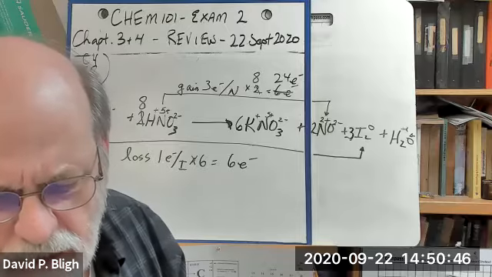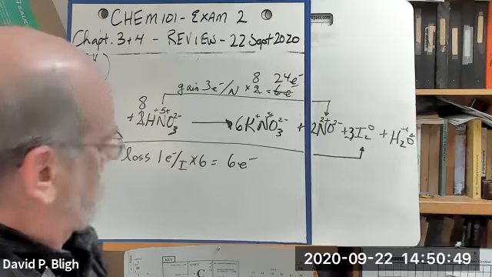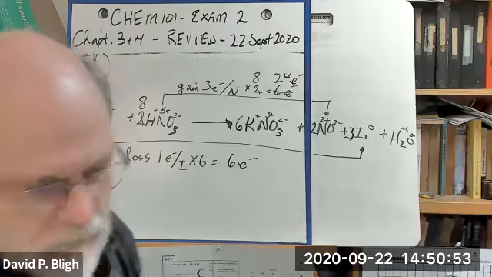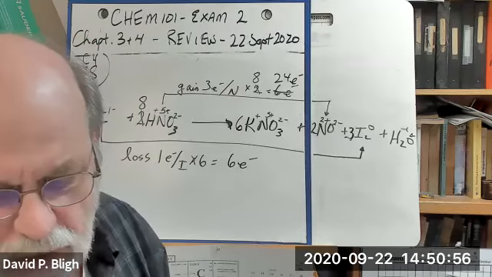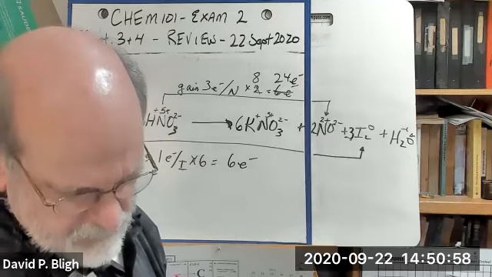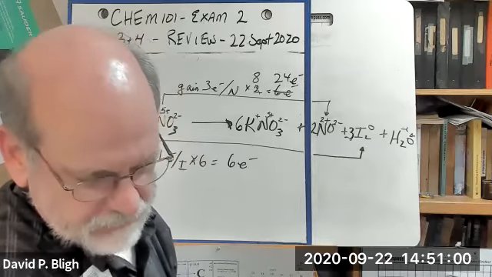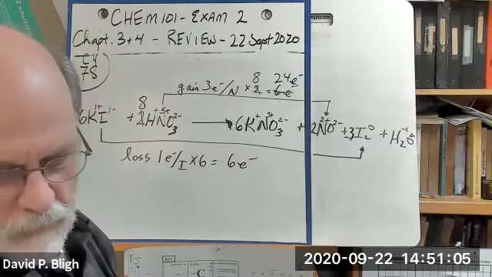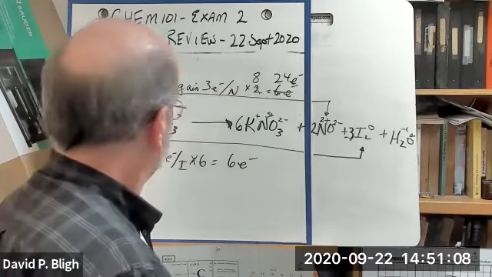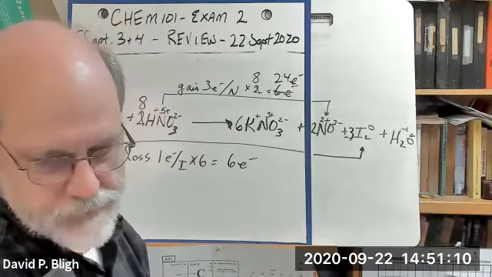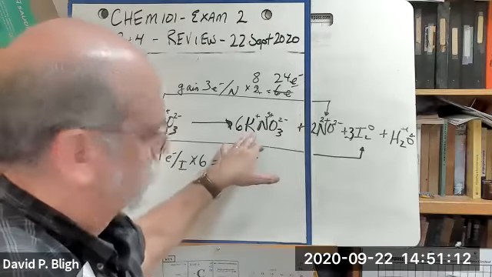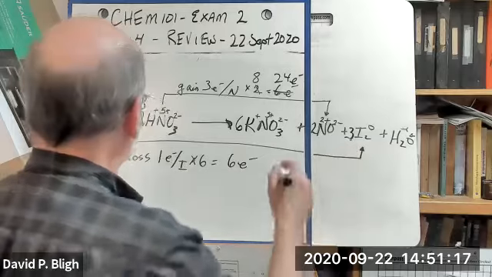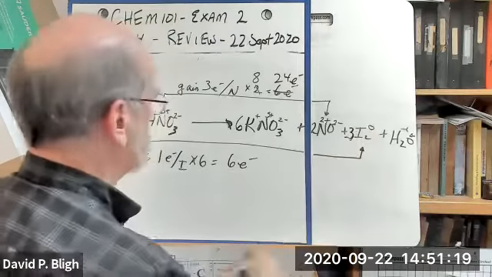Well, I'll tell you what, that's not going to work. I think the mental picture here is I've painted myself into a corner. What if we do 4 here?